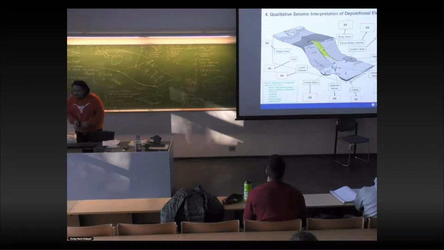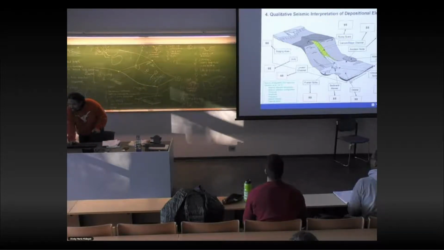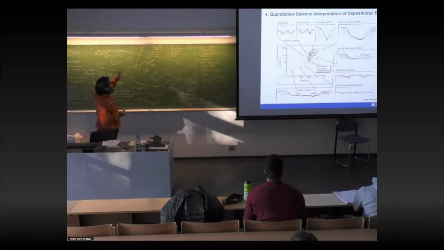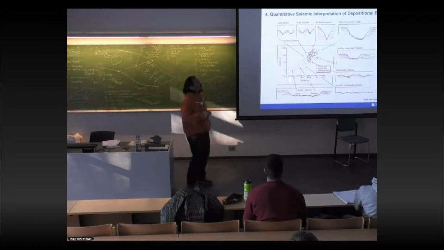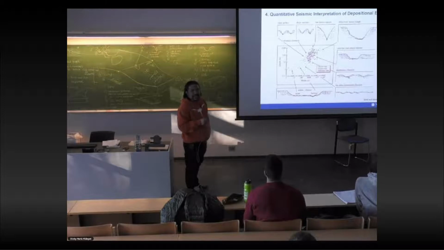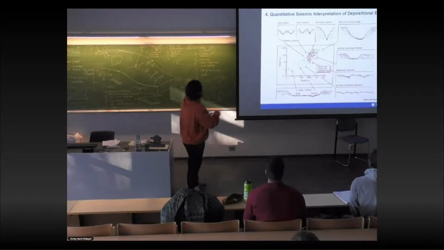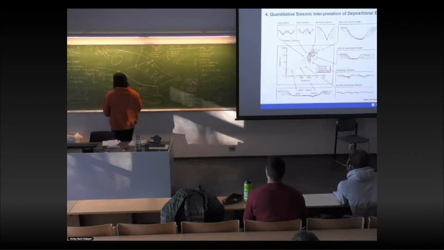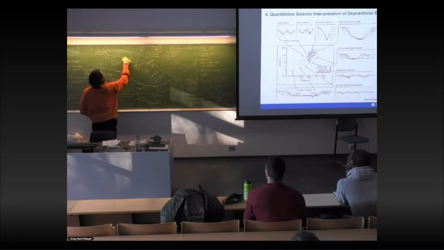Okay, I think we need to go to the next slide. So this also answers your question. This is the qualitative interpretation of the depositional elements, and for the quantitative, what we use is morphometry analysis. So we measure the width. I can show it here.